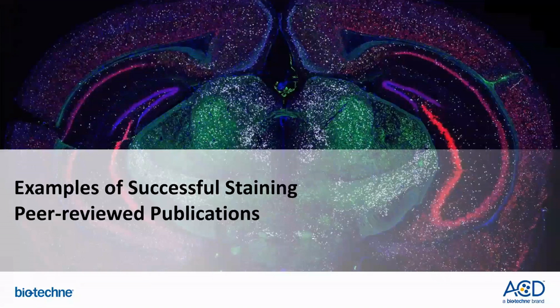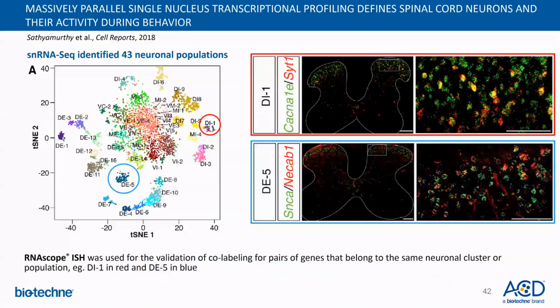We will now look at some examples of successful staining from peer-reviewed publications. Shown on this slide is a study from Satyamurthy et al. published earlier this year in Cell Reports, where the authors were looking at single nucleus transcriptional profiling in spinal cord neurons.